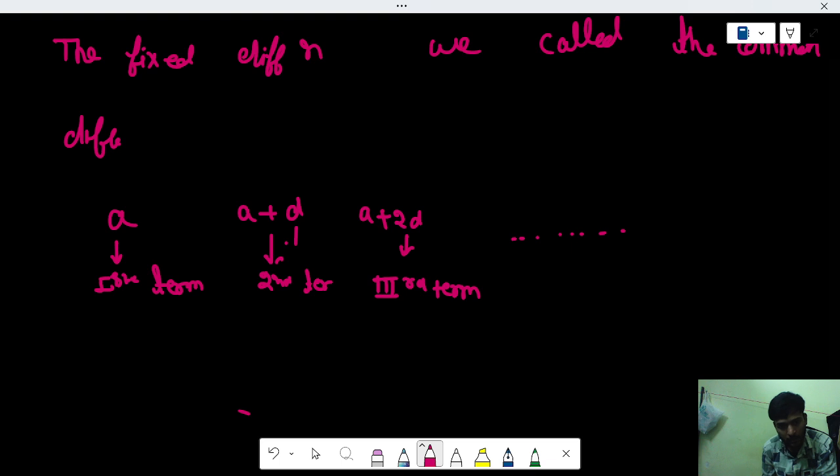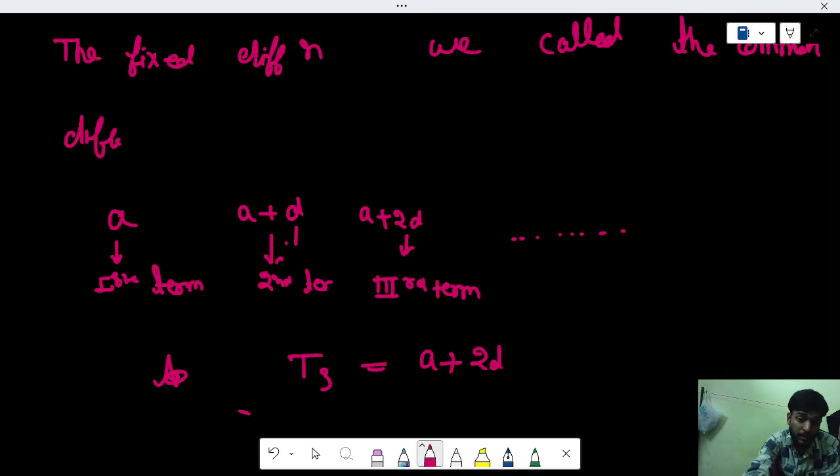Now we can see that T3, the third term, is equal to a plus 2d.